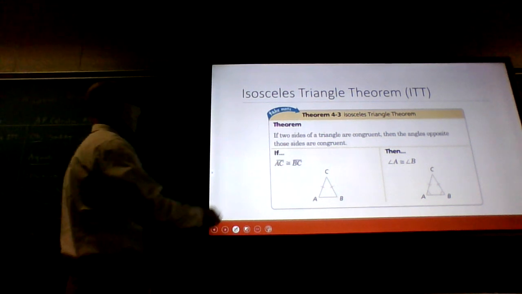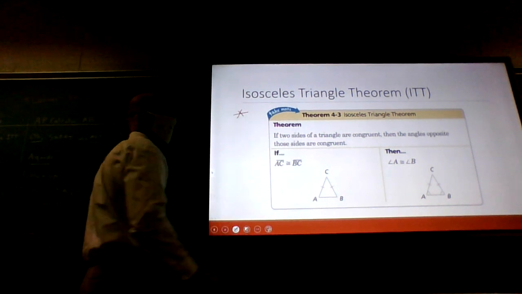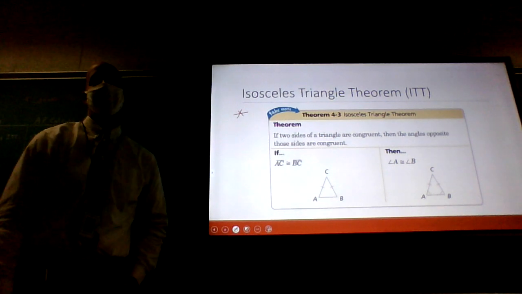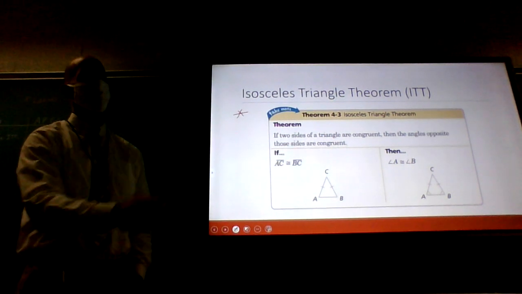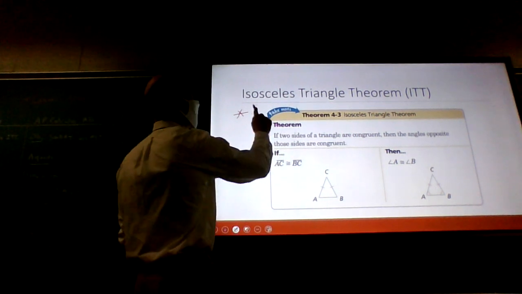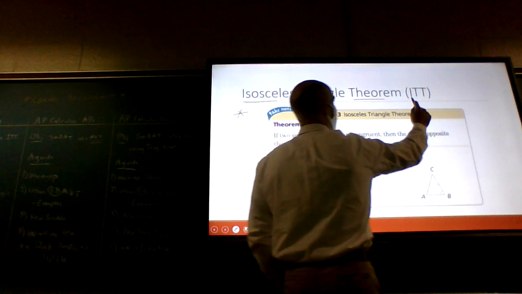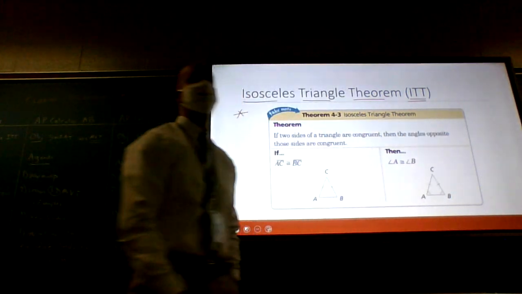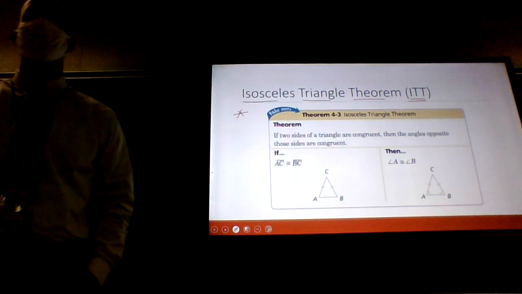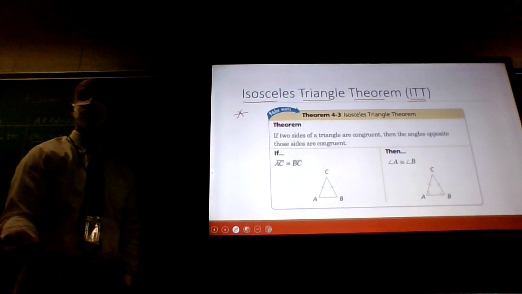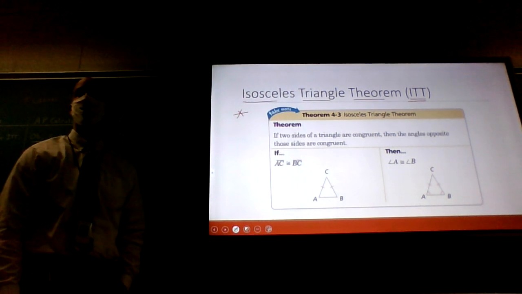This is probably, in fact, I think it is, the most important theorem in this particular section. It, and its converse, which we'll talk about next, is called the isosceles triangle theorem. You'll often hear me refer to it as ITT. We abbreviate everything in this class. You can write out isosceles triangle theorem, but most of the time people will just call it ITT.